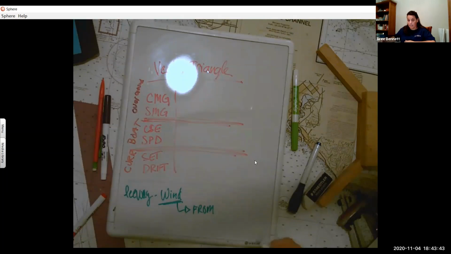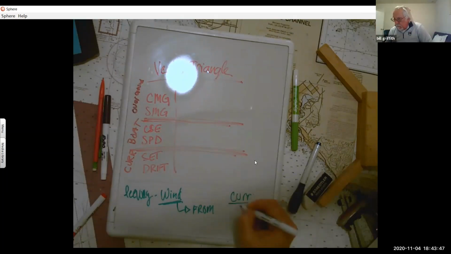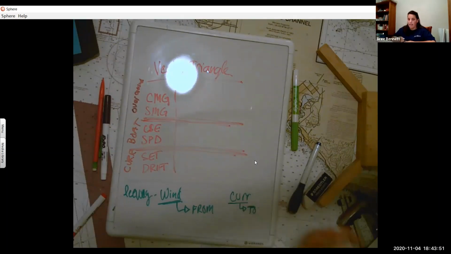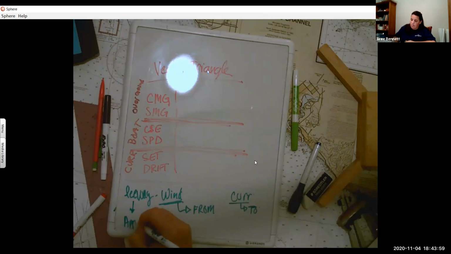So current is to. Wind is from, and then we always apply our leeway to your course made good, and then go to the vector triangle.